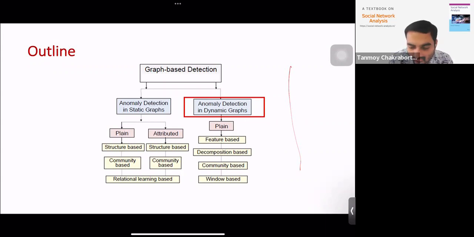Depending on the type of networks that these models are built on, we can classify these models into different categories. We have seen cases where we use static graphs, attributed and non-attributed. We have also seen the pure structural-based approach and the community-based approach.